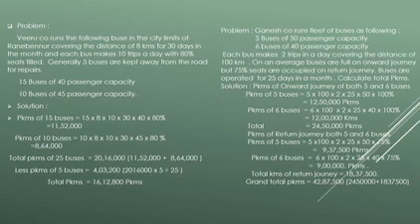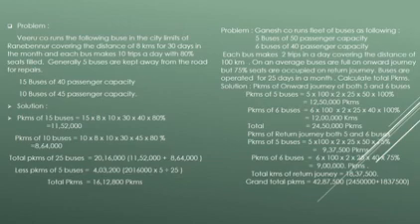So number of buses 10 into distance 8 kilometers into trips 10 trips into days 30 into capacity of passengers 45 into percentage carried 80% is equal to 8,64,000. Now we have to calculate total kilometers of 25 buses, that is 15 buses and 10 buses.